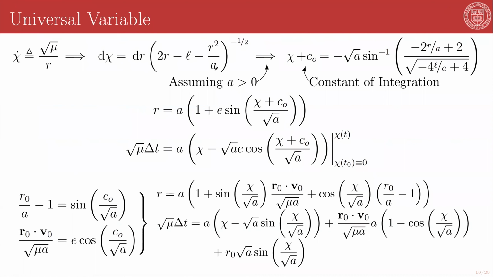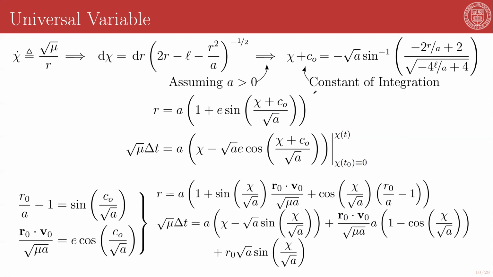If we assume that a is greater than 0, and we're not going to hold on to this assumption forever, this is just for now, assuming that a is greater than 0, we integrate both sides, and we get that chi plus c naught, which is a constant of integration, is equal to negative the square root of the semi-major axis times the arcsine of this argument. Since we've assumed that a is greater than 0 for the moment, this means that we are dealing with a closed orbit, and so eccentricity is less than 1.